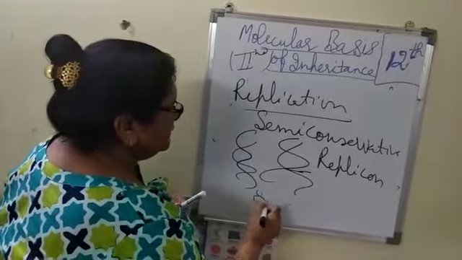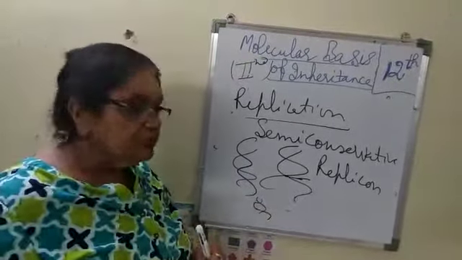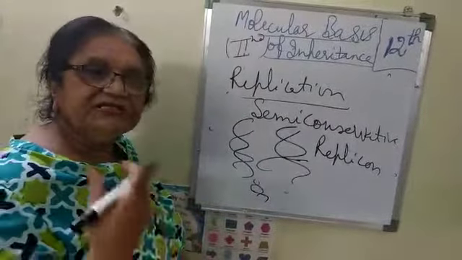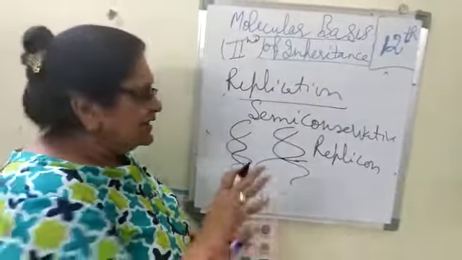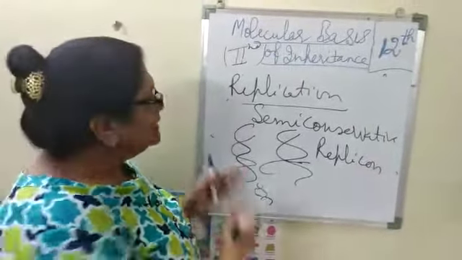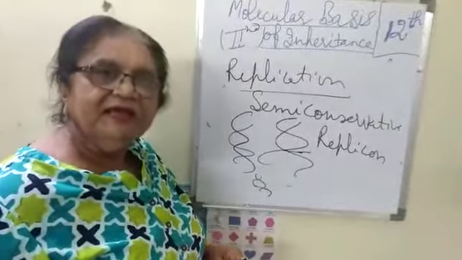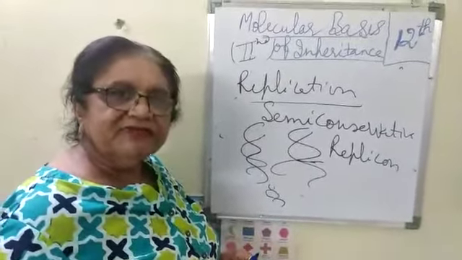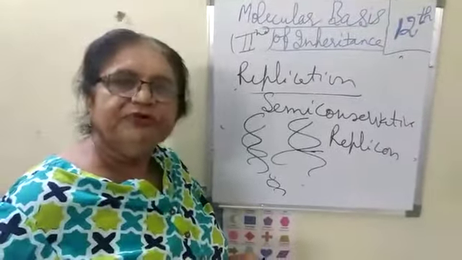One is totally parental, the second is new. Same, it divides into 2. So this nature is semi-conservative. That means it divides, but one strand remains parental and the second strand is formed new. A question comes in the board for 2 marks.